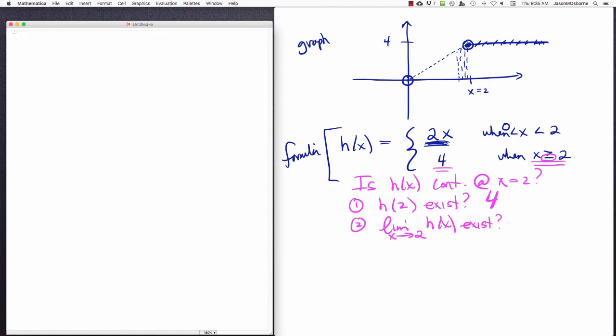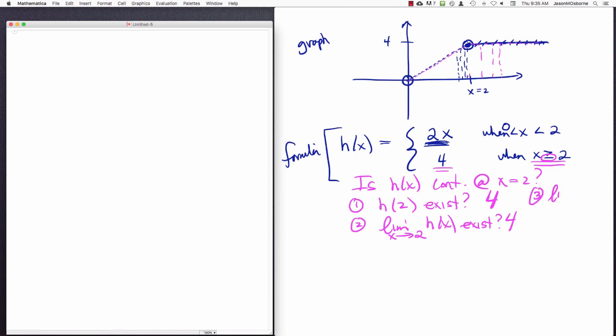And sure, the limit exists. From the left, we're getting closer and closer to 4 along this diagonal straight line, and as x gets closer and closer to 2 from the right, we're getting closer to 4 along this flat line. So we're getting close to 4.